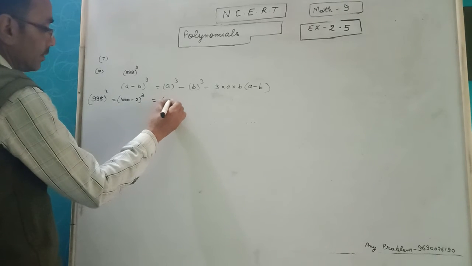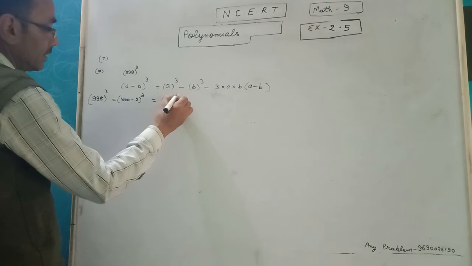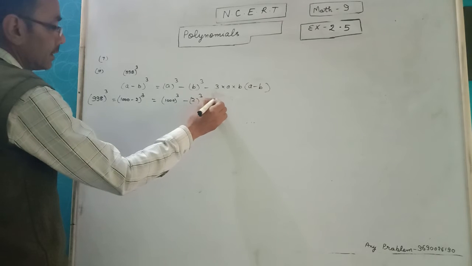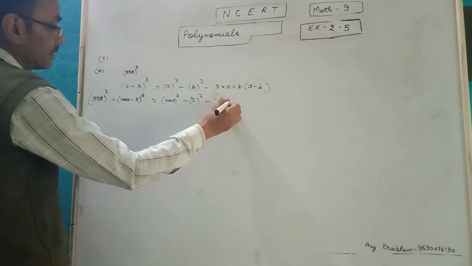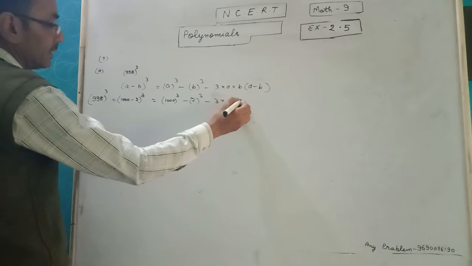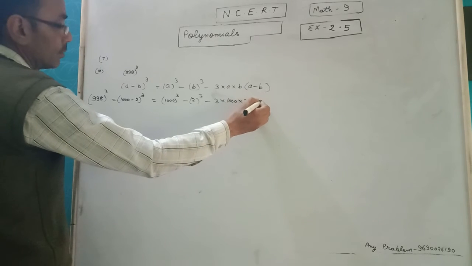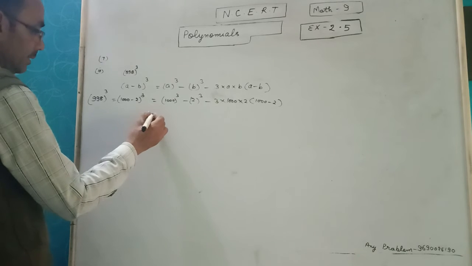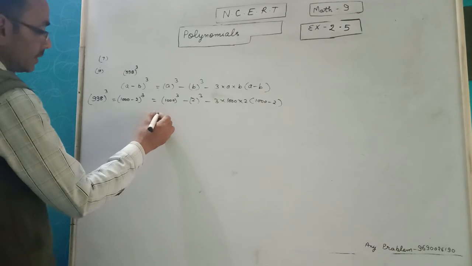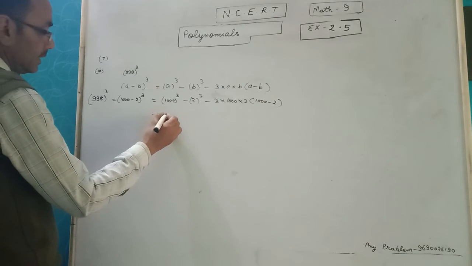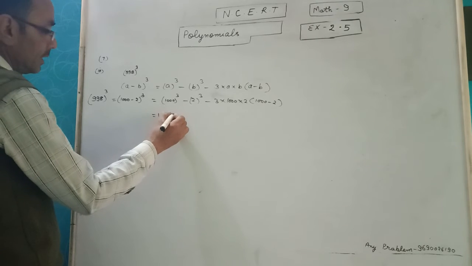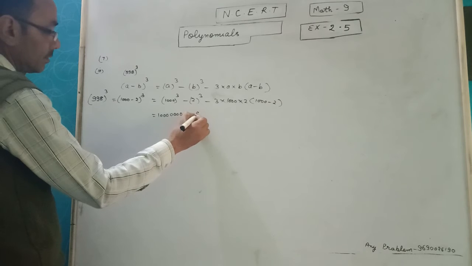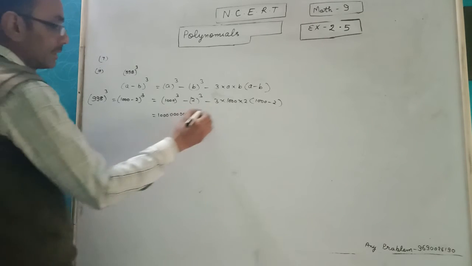So write the value: 100 cube minus 2 cube minus 3 into 100 into 2, bracket 100 minus 2. Remove the power. 1,000,000 minus 8.